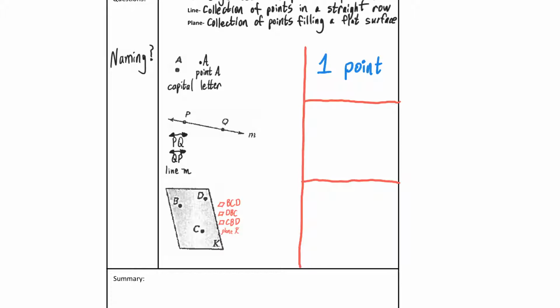I mean, that's obvious, but when you're naming a point, you only use 1 point. When you're naming a line, you use 2 points. And when you're naming a plane, what do you think? 3. Yep. You use 3 points.